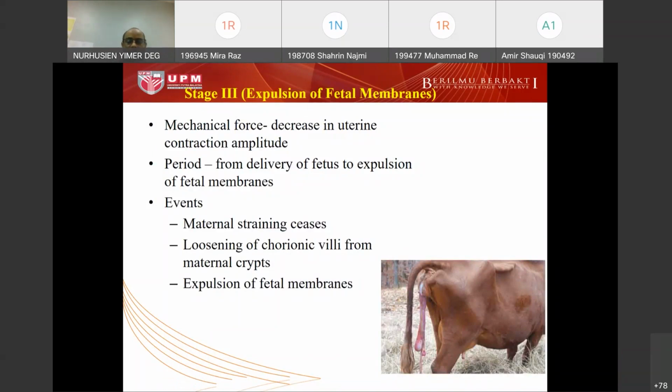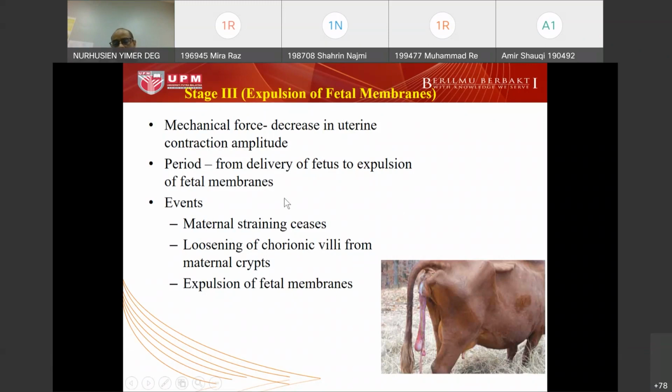What happens during this stage is right after delivery of the fetus in stage 2, the contractile activity decreases. So abdominal contraction and uterine contraction will decrease up to the limit that it stops. This is a time of relief for the dam, after straining and contraction to push the fetus out of the birth canal.